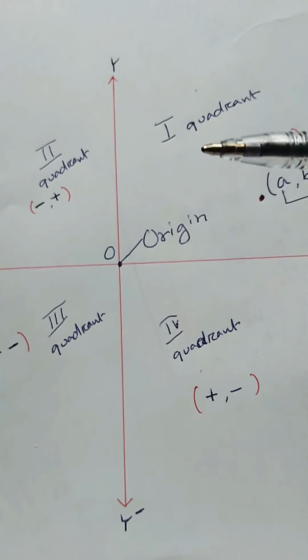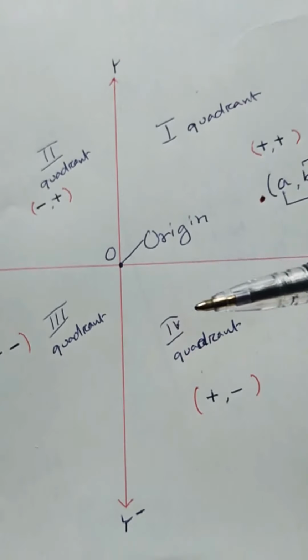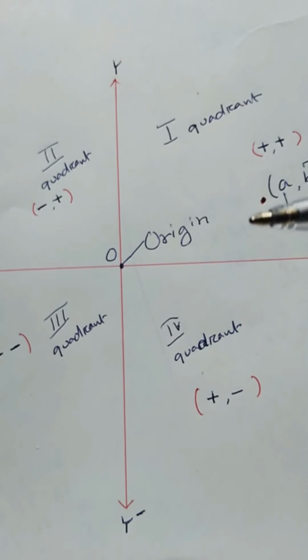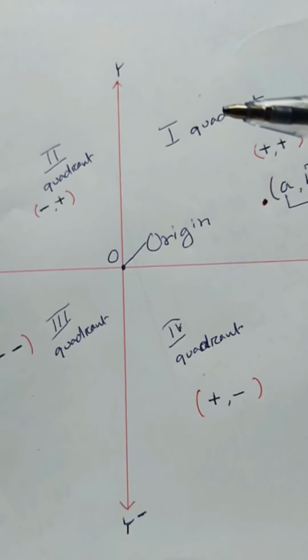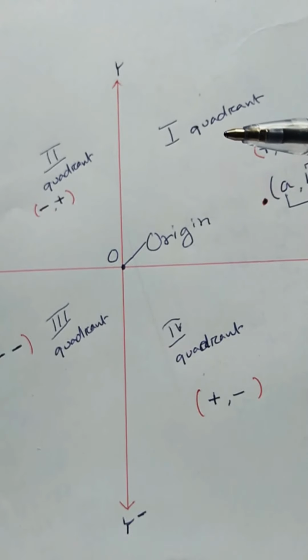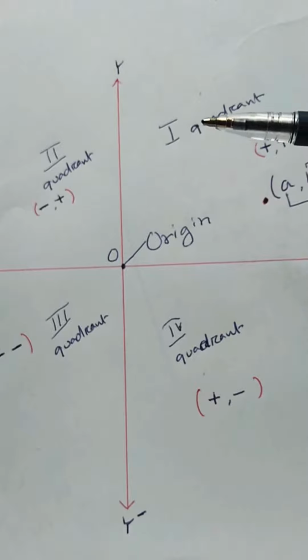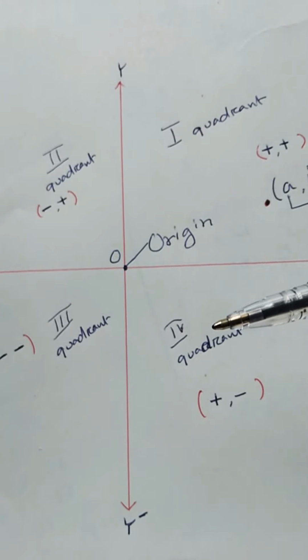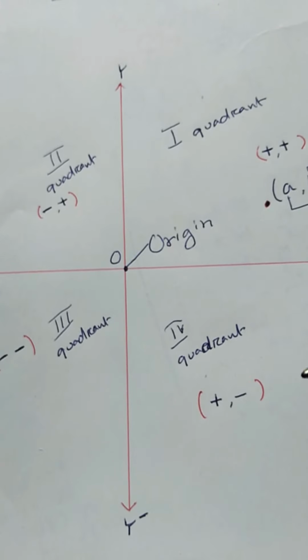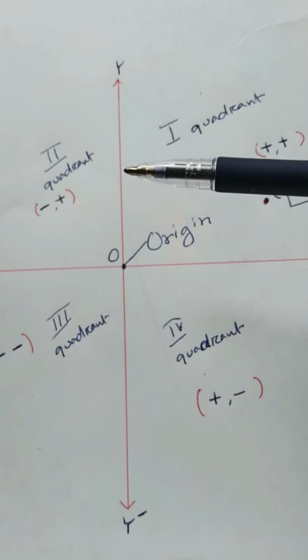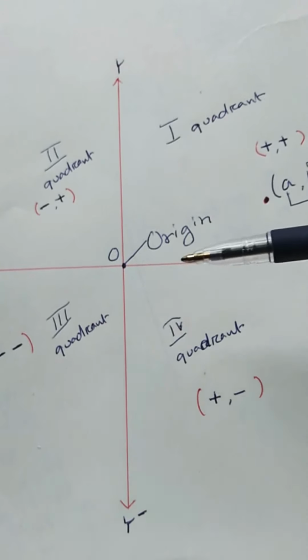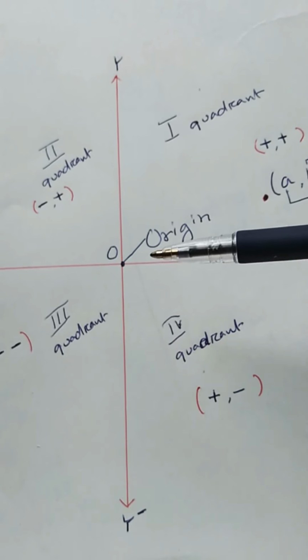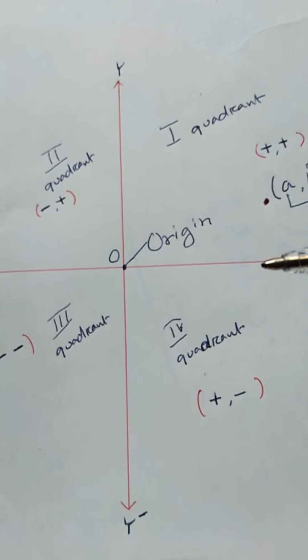Both the axes divide this Cartesian coordinate plane into four parts, and each part is known as a quadrant. This is the first quadrant, second quadrant, third quadrant and fourth quadrant. The point of intersection of the x and y axes is known as the origin.